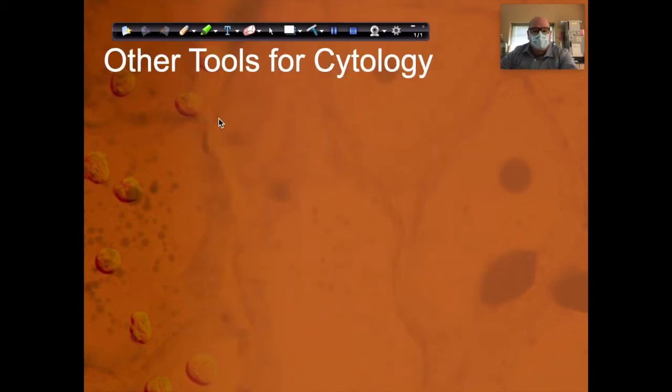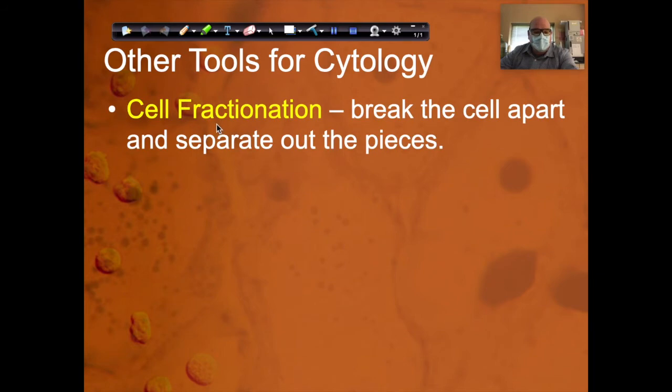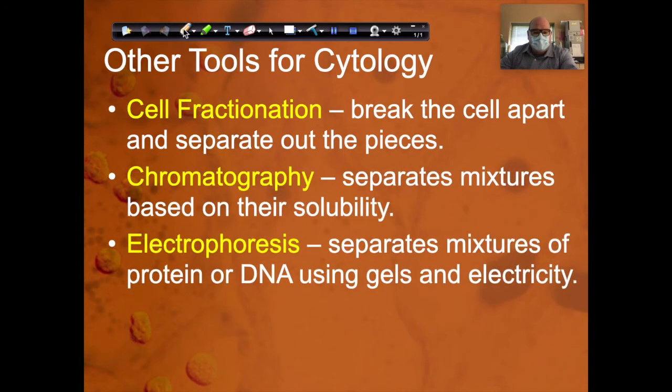Okay, some other tools we use for cytology are these three ideas here. We might fractionate the cells. That's where we'll put them in a blender and then centrifuge them in stages. So we'll look at that. Chromatography, that's where we separate things based on their solubility.